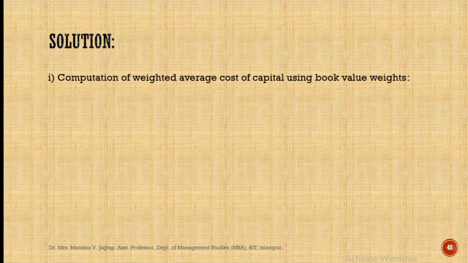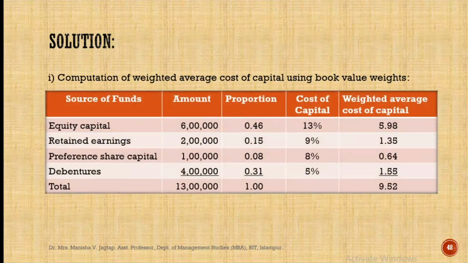First we will compute the weighted average cost of capital by using book value weight. As in the earlier example, we calculate the proportion, then multiply that proportion with the cost of capital, and we are able to compute the weighted average cost of capital. First we have to create a table containing 5 columns.